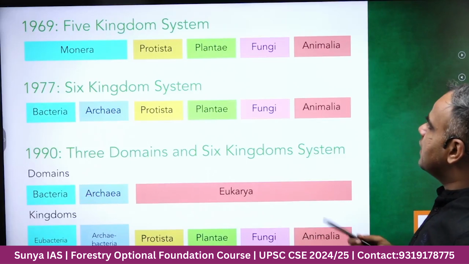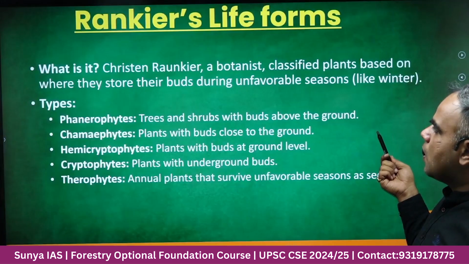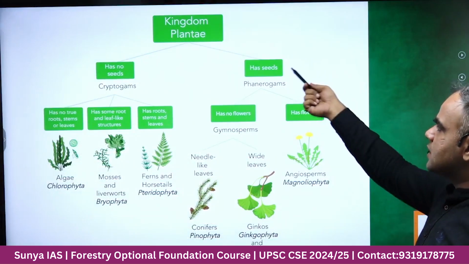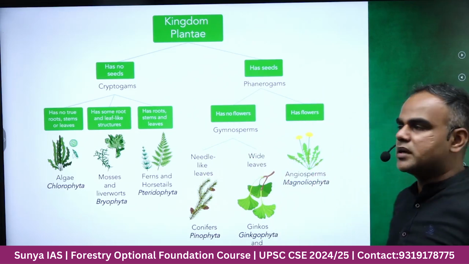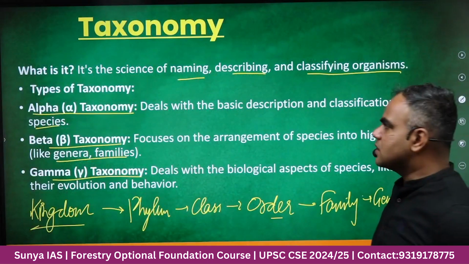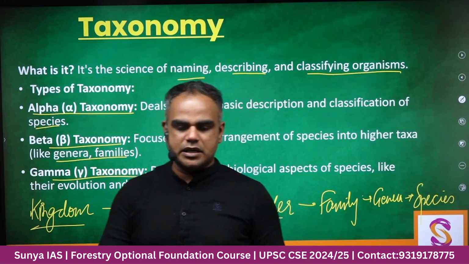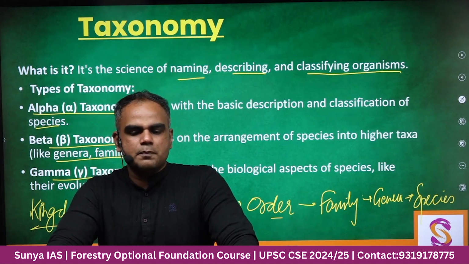In fact, when I tell you about kingdom classification, we'll also understand this whole part here. So this is how you can have a basic understanding of what taxonomy is related to. Alpha, beta, gamma, I think we have understood what those are.